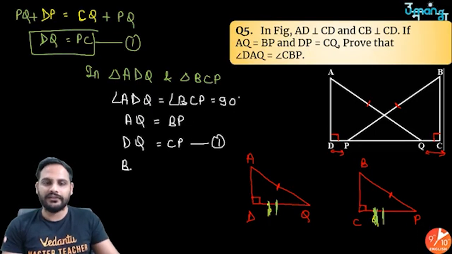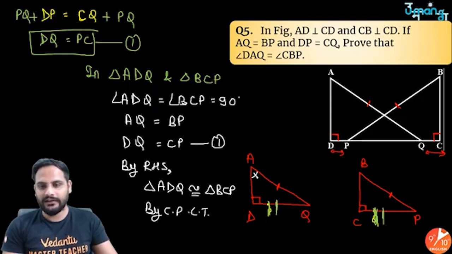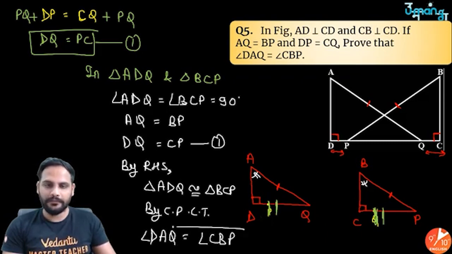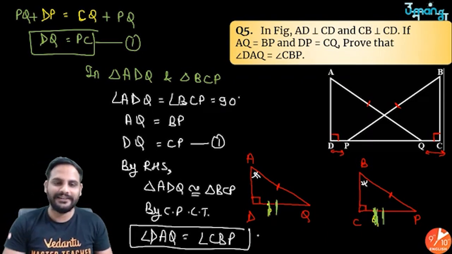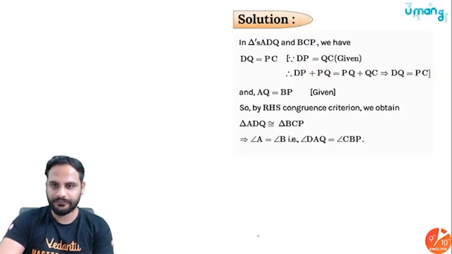So by RHS rule, triangle ADQ is congruent to triangle BCP, and by CPCT, angle DAQ is equal to angle CBP. Done with the question. This is how this question can be solved.